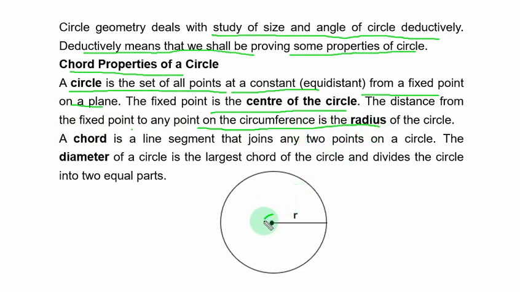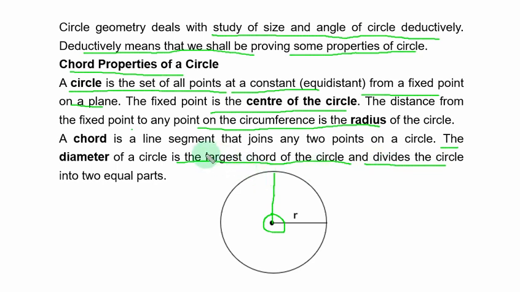Now, this is the fixed point. From this fixed point, you have this distance. It is a radius. From this fixed point, if you have another distance, it is also a radius. The diameter of a circle is the largest chord of the circle and divides the circle into two equal parts.